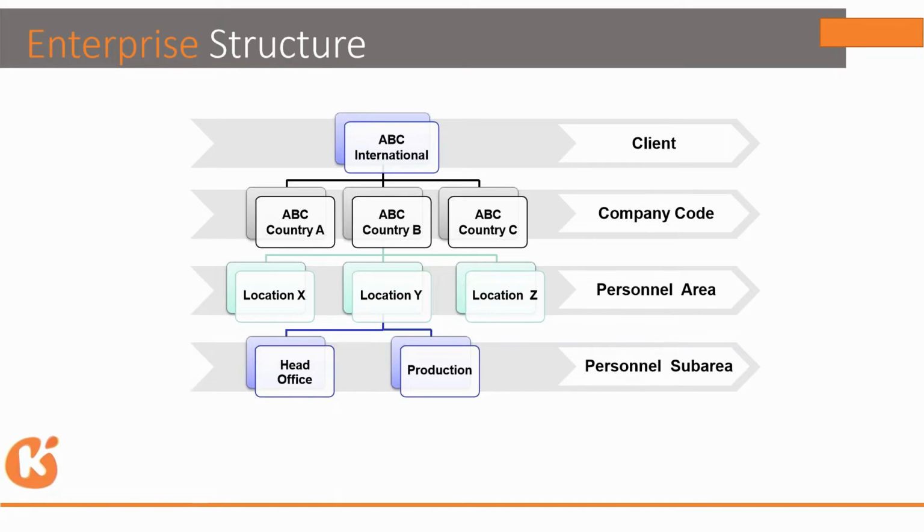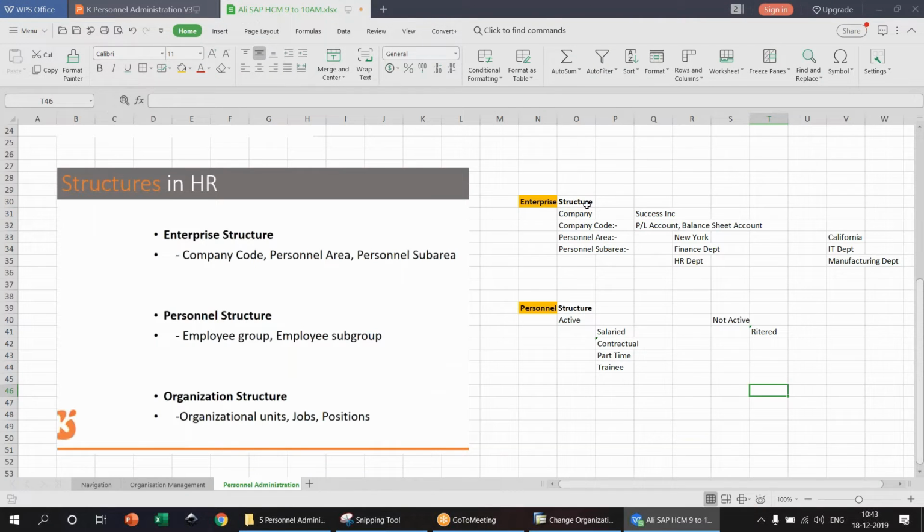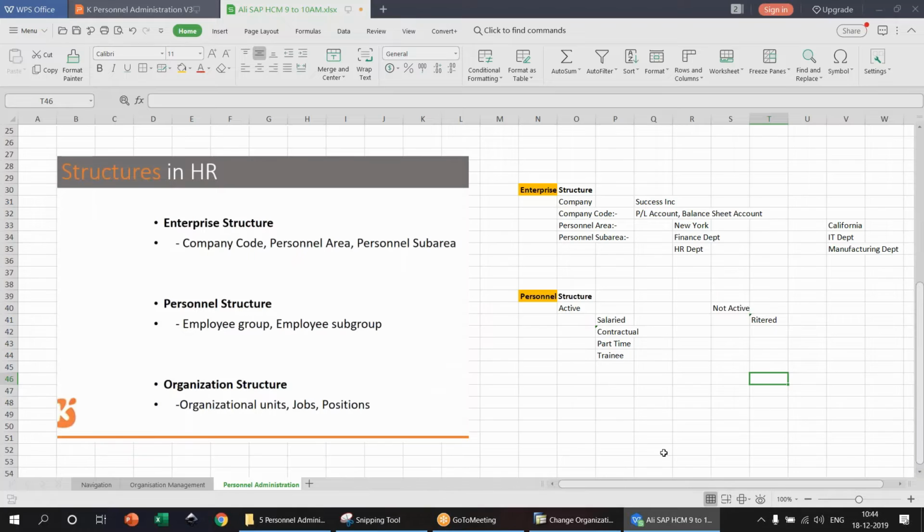Clear about what personal area and personal sub area are, Ali? Yes, exactly. Now let's suppose, Ali, if I come here, we're talking about the success company we discussed, which is present in New York and California.